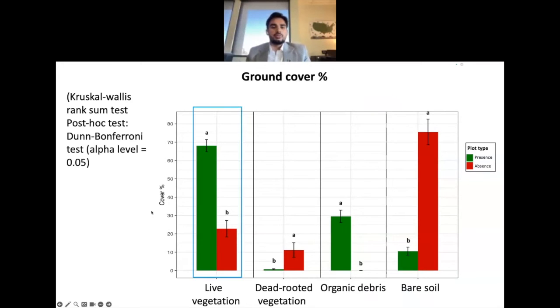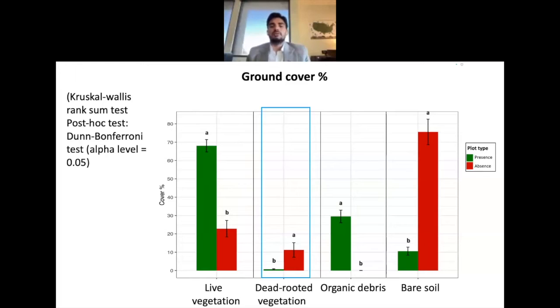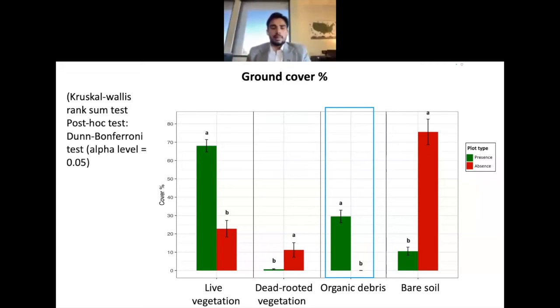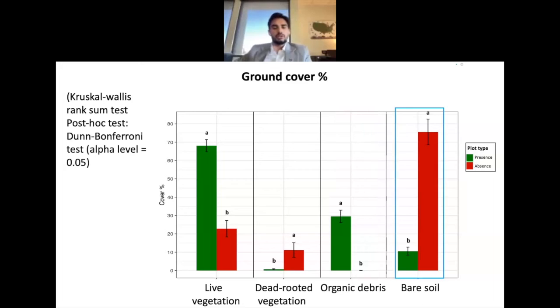So we talk about the ground cover where our plant is present. We have more green surface, we have more live vegetation, we have less dead rooted vegetation, because this area is not dry and it has creeks in it, and most of the vegetation is green because water is flowing continuously, maybe seasonally. And then we have high organic debris in the places where we see Bartonia.